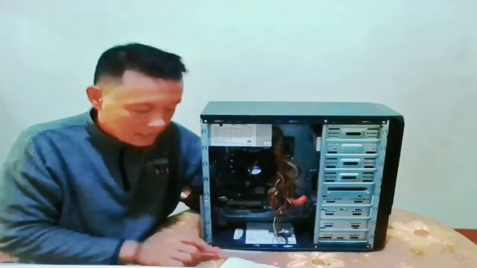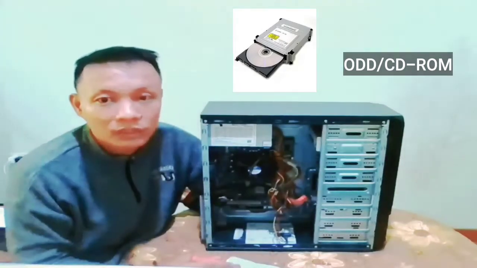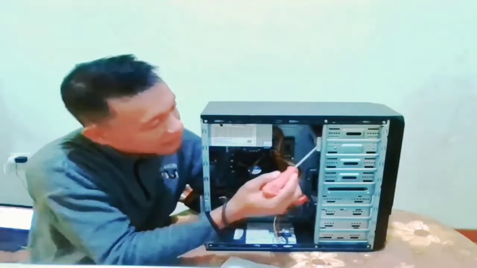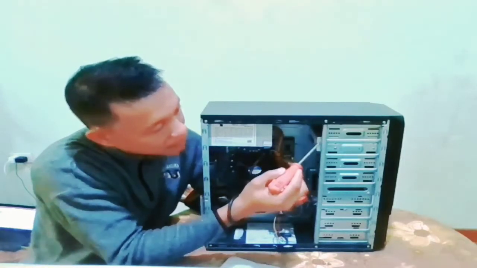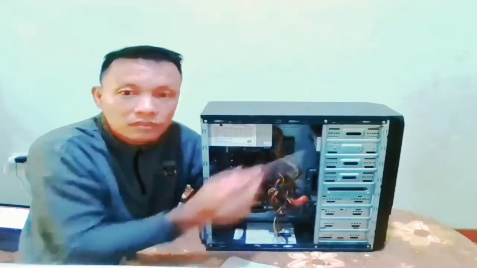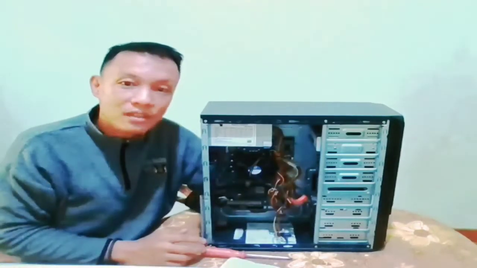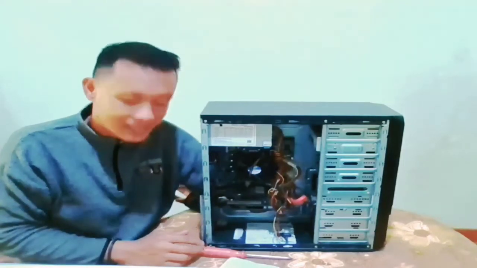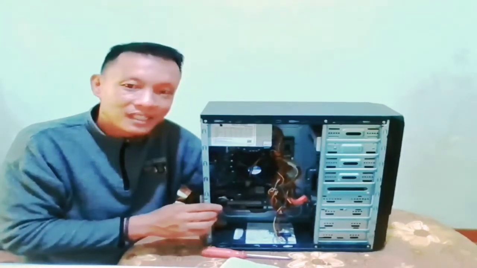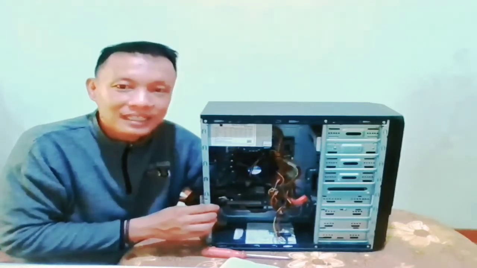The next one is the ODD or the CD-ROM. The location of the ODD or the CD-ROM would be right here. The function of this CD-ROM is that it is a device that uses photodiodes to detect reflecting lights on optic discs and uses laser to write and read.